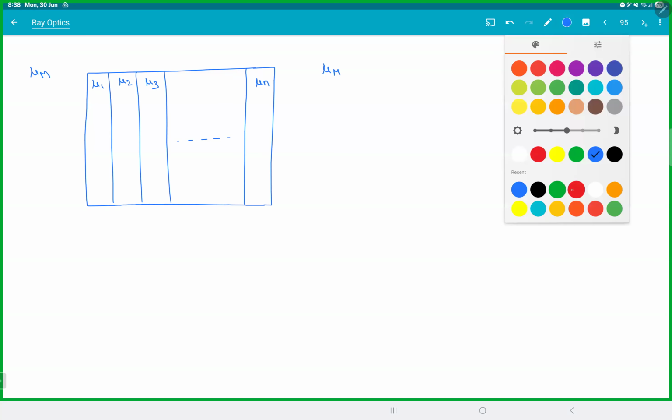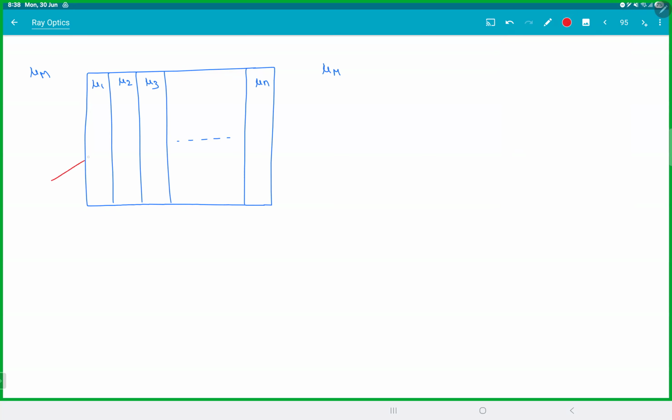If you send a light ray at an angle theta, once it goes inside here, we'll get r1. This will be r1. This will be r2. This will be r2. So basically, the final angle for one medium becomes the initial angle for the next medium, and so on. Finally, the light ray comes out again at an angle theta.